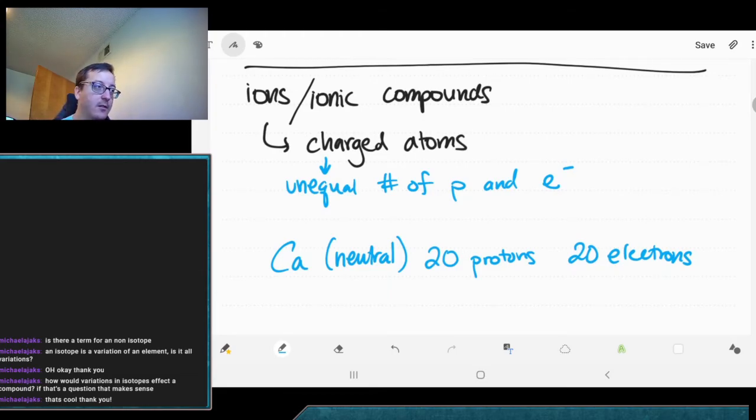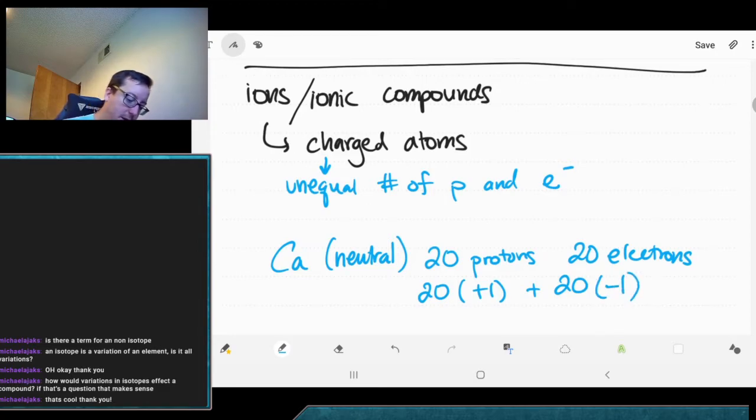Very exciting. It has the same number of both. We know protons have a charge of +1, and we know that electrons have a charge of -1. If we add those together, we get 0. It's neutral.